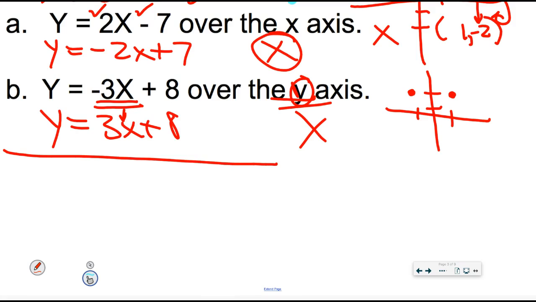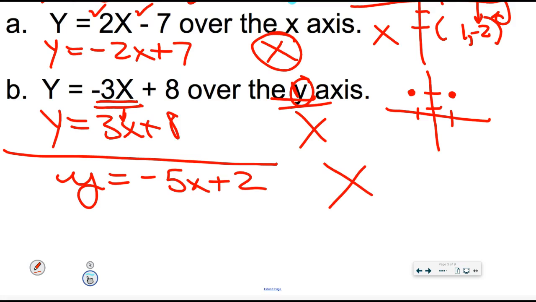So I'm going to put the practice one down here. Y equals -5x plus 2. If it says, Shay, to go over the x-axis, what will you write? Almost. 5x minus 2.